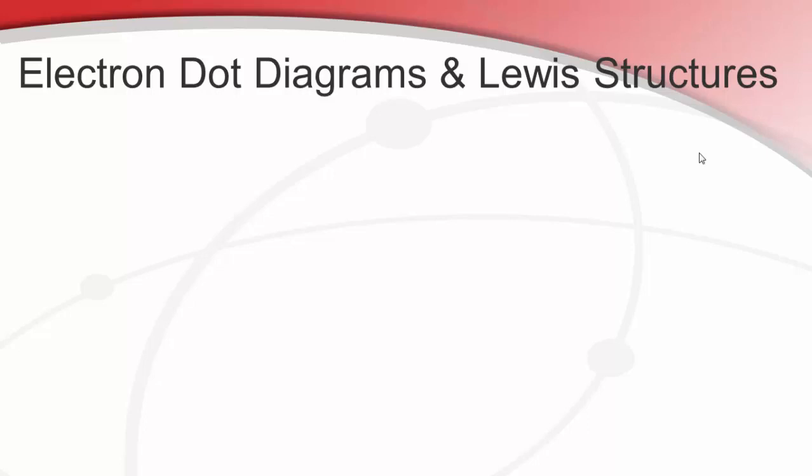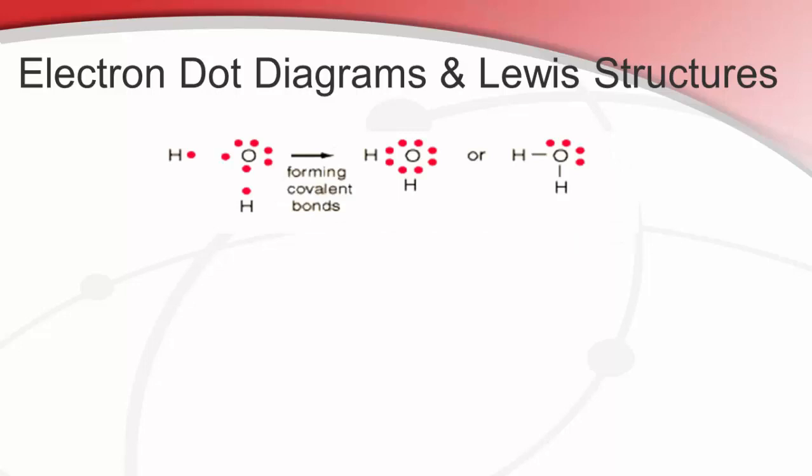So now we can introduce some new tools that will help us to visualize some of this pairing and visualize molecules in general. Here we see electron dot diagrams. Each of the red dots in this picture represents an electron.